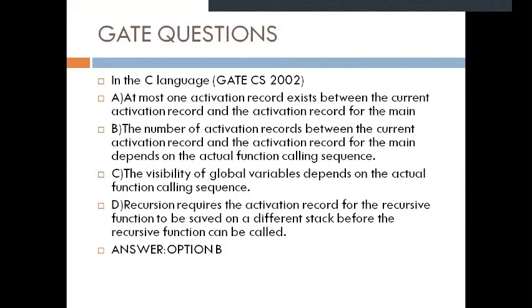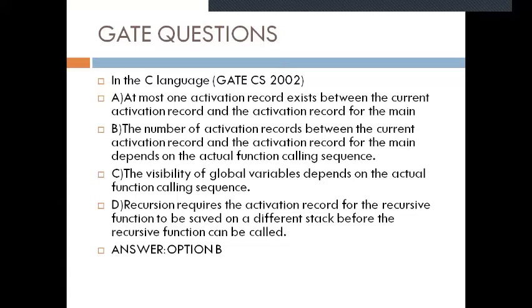And the next question is: in the C language, at most one activation record exists between the current activation record and the activation record for main. The second option is that the number of activation records between the current activation record and the activation record for main depends on the actual function calling sequence. The next option is that the visibility of a global variable depends on the actual function calling sequence.